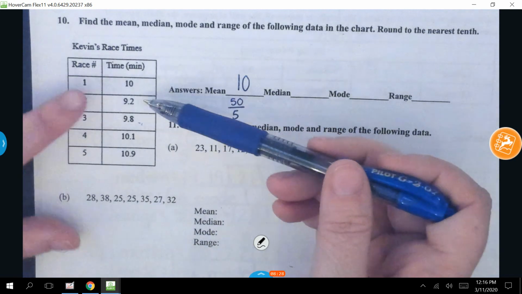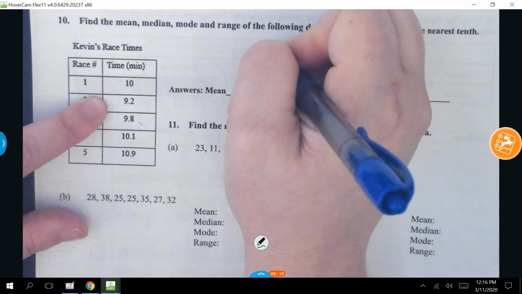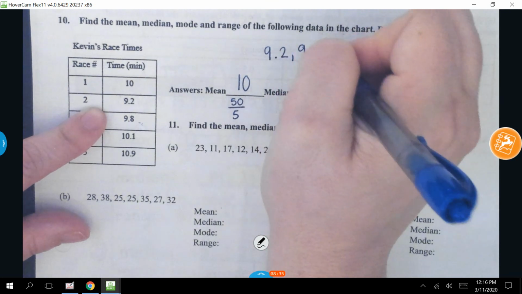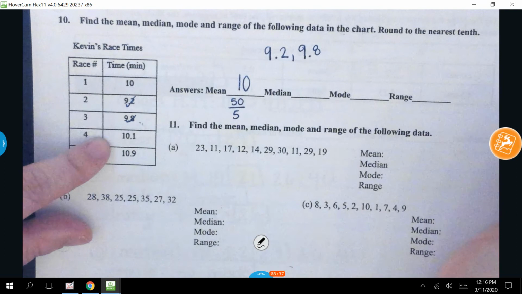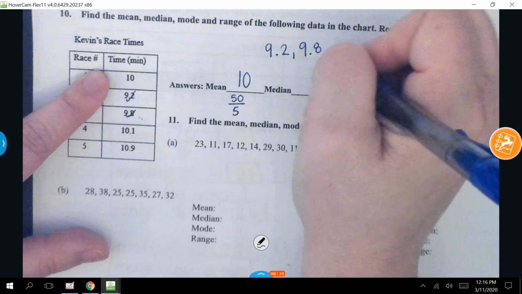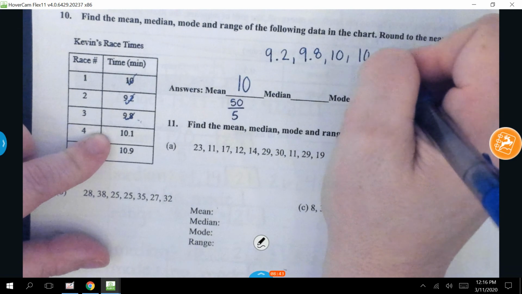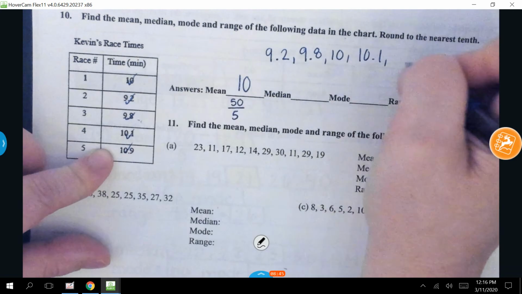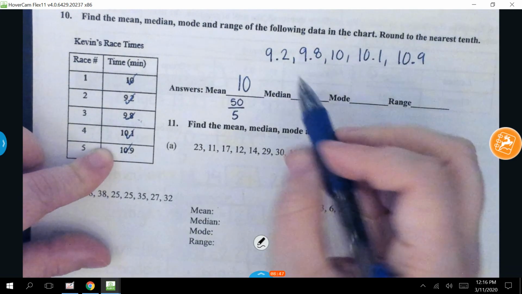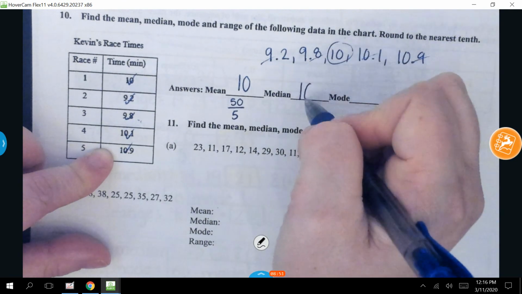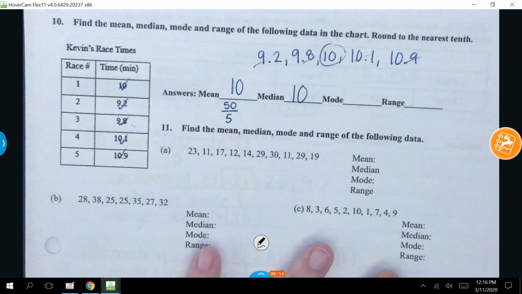Put them in order. So my smallest number here is 9.2. Then we have 9.8. So I got those 2. Then we have 10 would be next because it doesn't have a decimal. Then 10.1 and then 10.9. Okay? So now what number is in the middle? 10. So my median is 10.